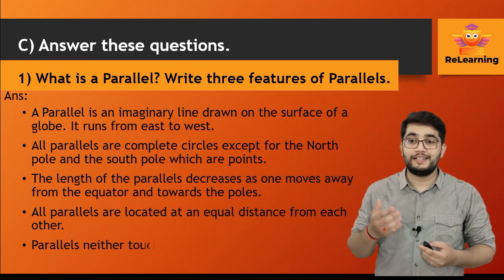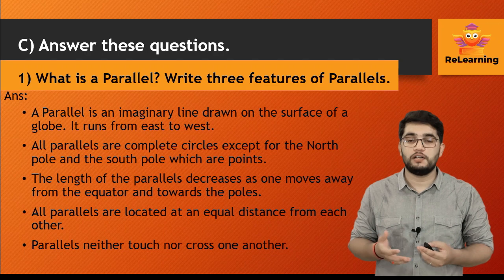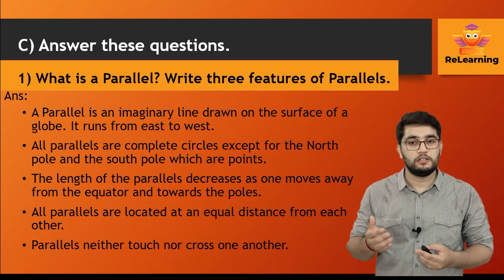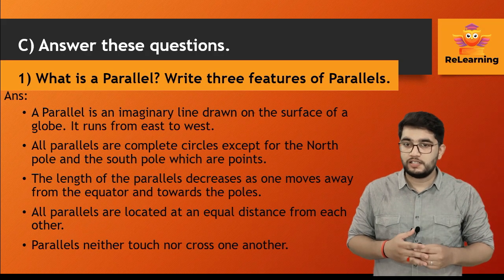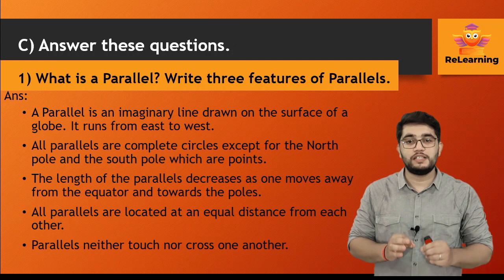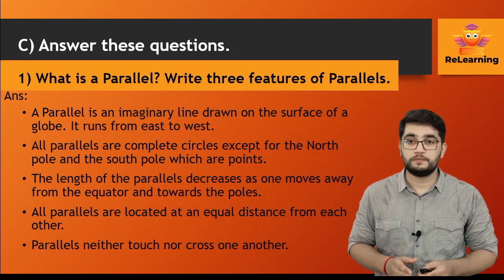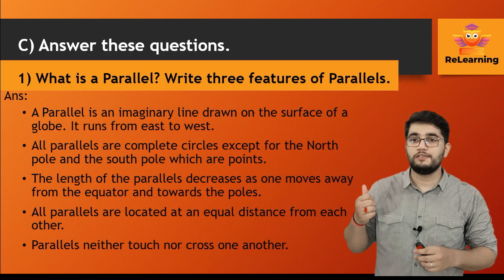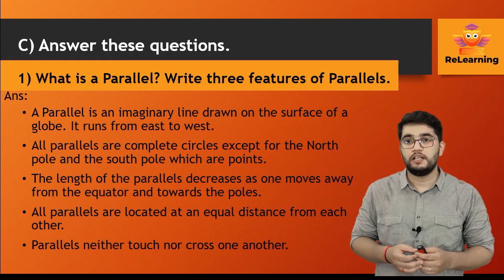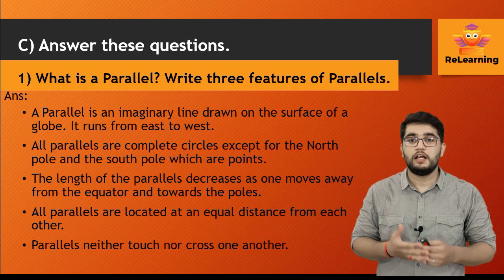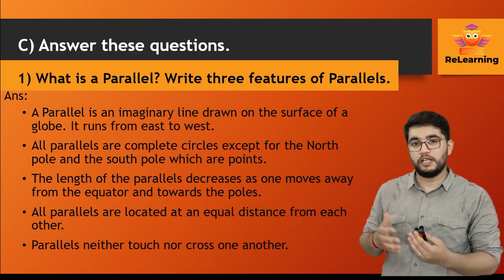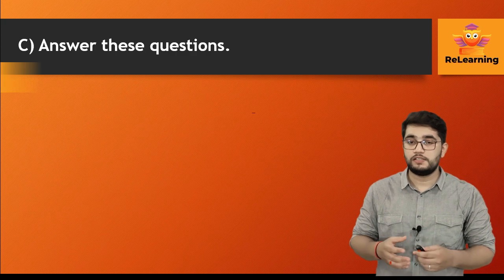The length of parallels decreases as one moves away from the equator towards the pole. All parallels are located at an equal distance from each other. Parallels neither touch nor cross one another. So this was the answer for the first question. I have given you more than three, so any of the three you can write. Let's see the next question.